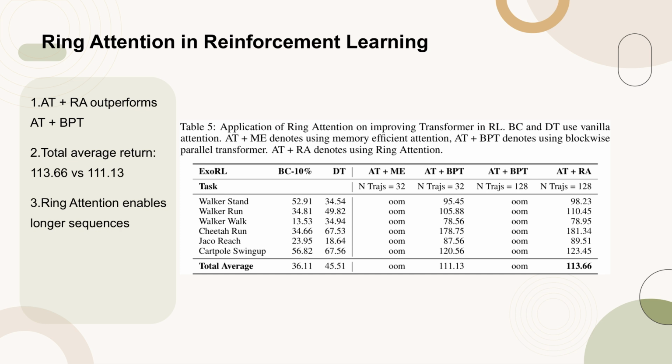Notably, AT with ring attention, AT plus RA, consistently outperforms AT with blockwise parallel transformer, AT plus BPT, across 6 tasks in the ExORL benchmark. The total average return for AT plus RA is 113.66, compared to 111.13 for AT plus BPT. This demonstrates the advantage of ring attention in enabling the training and inference of longer sequences, which is crucial for RL tasks involving extensive trajectory data.